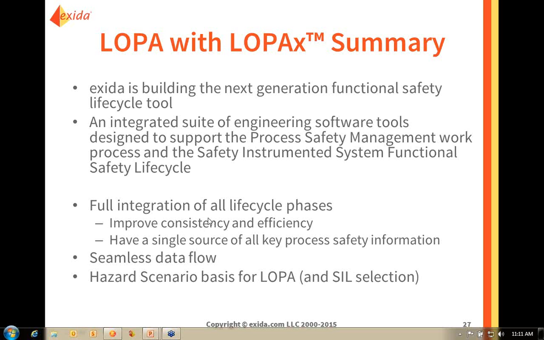The American Institute of Chemical Engineers, the Center for Chemical Process Safety, has an initiative called PERD, P-E-R-D, Process Equipment Reliability Data. They published a book in the 90s, I think, with some probabilities of failures and frequencies. And they're in the process of publishing a new book with specific initiating event frequencies and protection layers. That would be a good source.